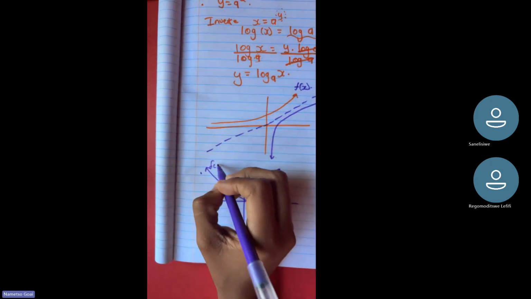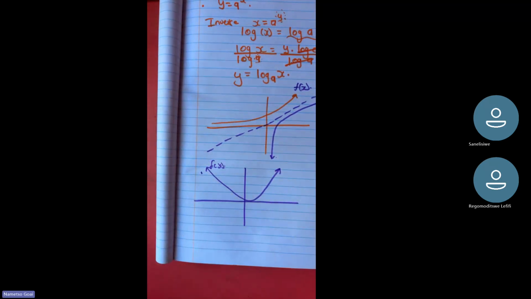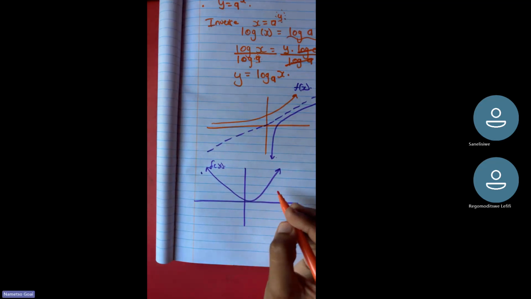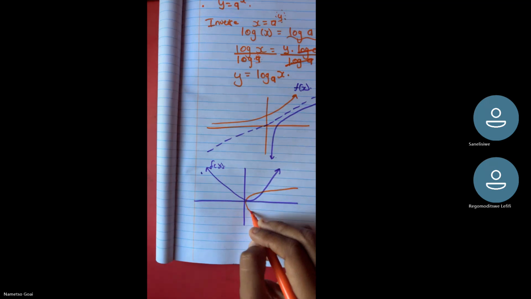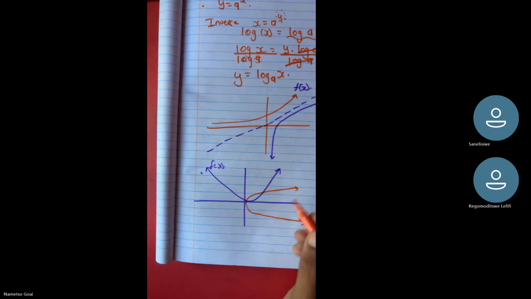This is f of x, and we know that the inverse of f of x will look like this.